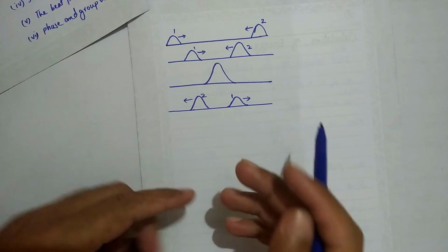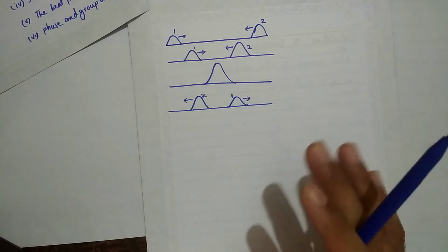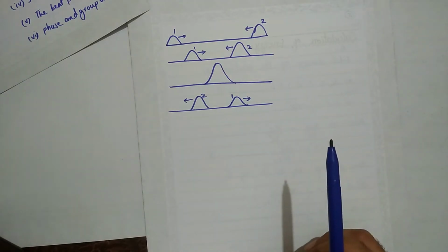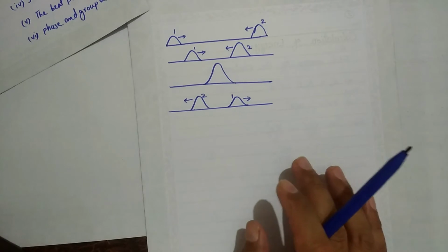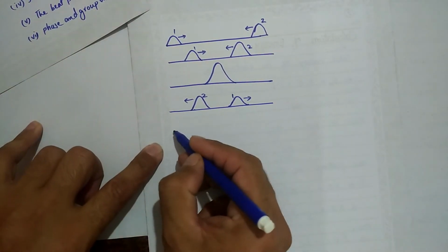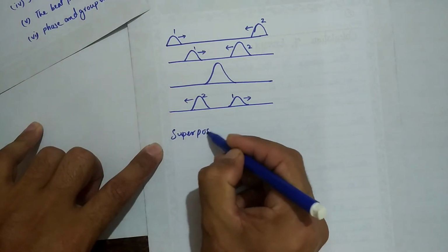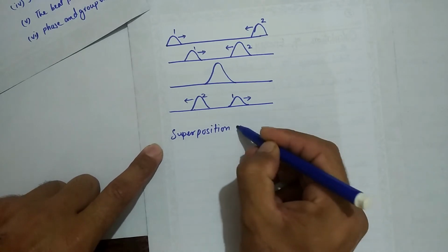Different situations could happen: they could be in the same phase, have the same frequency, and travel in the same direction or in opposite directions. We will discuss all these situations step by step in this chapter. So first we are going to start with the superposition principle.